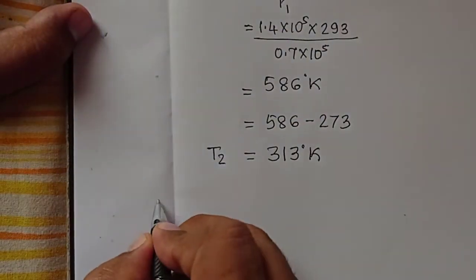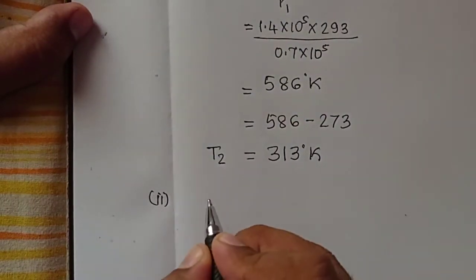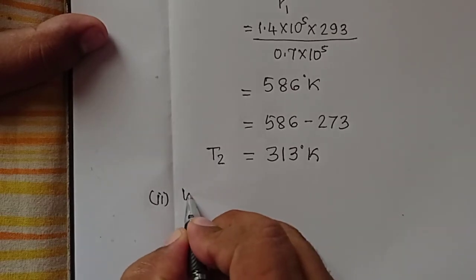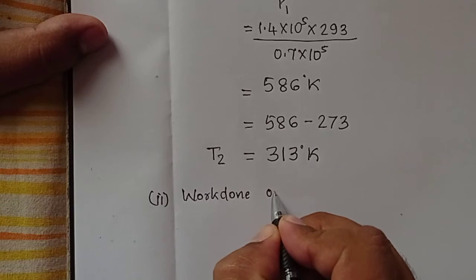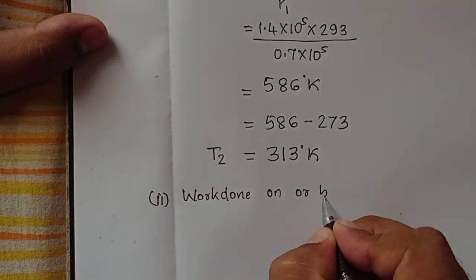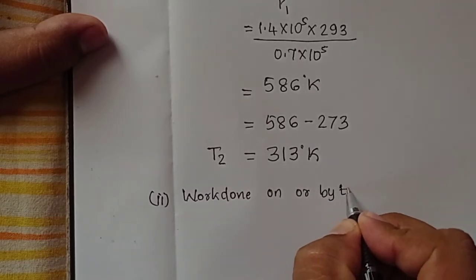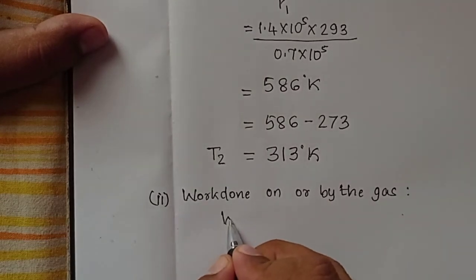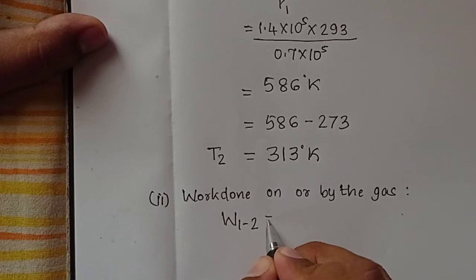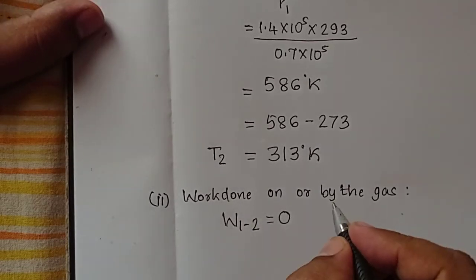The second thing we need to find out is work done on or by the gas. Please remember that work done for a constant volume process is 0, which we will discuss in the next chapter.